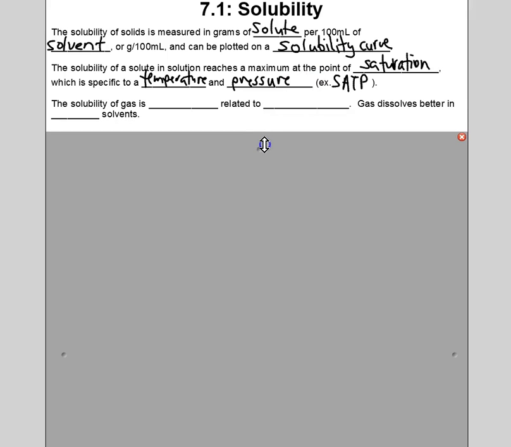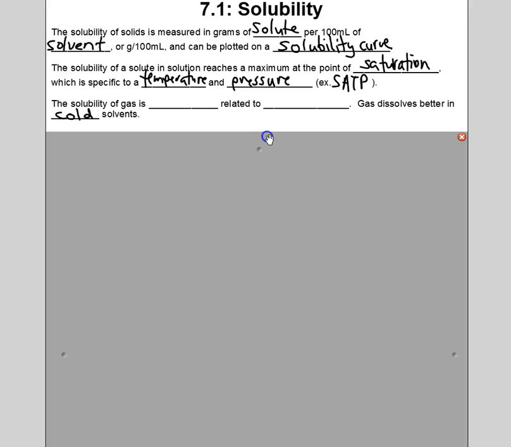When we look at gases, they actually dissolve better in cold solvents because naturally gases have a lower boiling point than room temperature, in which case the more we warm them up, the particles are going to move around and leave the solvent back into the gas phase rather than the dissolved phase.